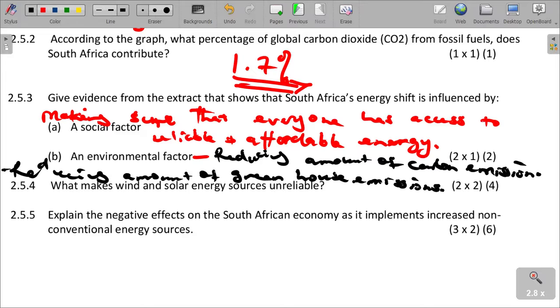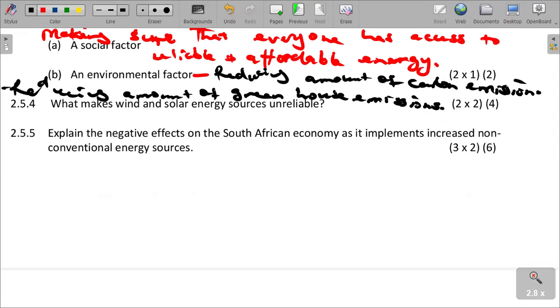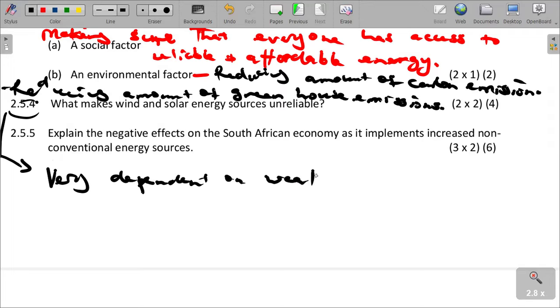And then what makes wind and solar energy sources unreliable? 2.4. What makes solar and wind energy unreliable? One, irregular, depending on weather conditions, very dependent on weather conditions.